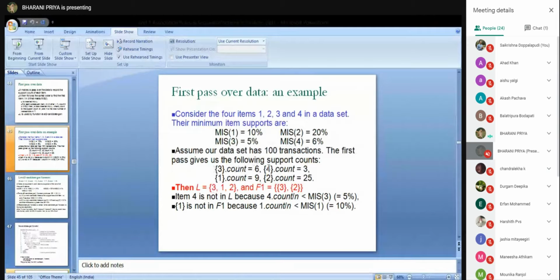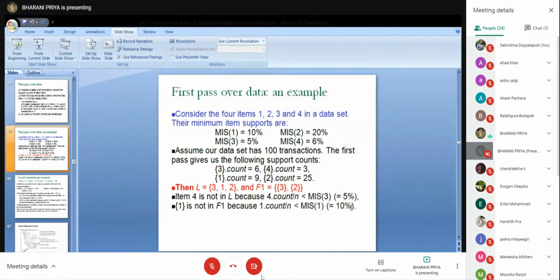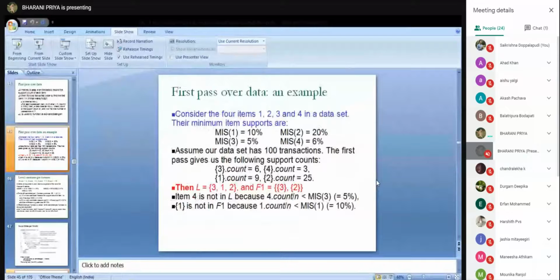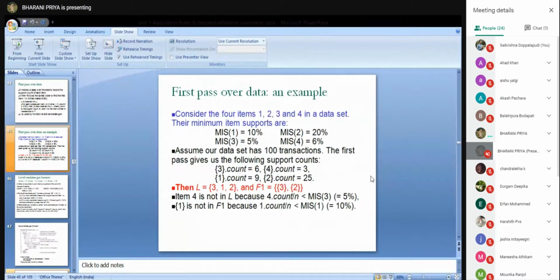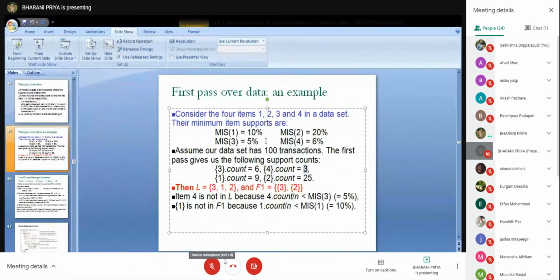Here i is 3 and j is 4. Since there is nothing previous to it, 3 will be included in L. Next, when we come to 4, 4 becomes j and 3 becomes i. 4's support count should be greater than the MIS value of 3, but here 4's support count is less than the MIS value of 3. So we have not included 4 in L. Have you understood? Here j's count is 3. The previous value i is 3, and what is the MIS value of 3? 5%. The MIS value is greater, but according to our rule j's count should be greater, and here j's count is less, 3 and 5. That's why we have not included 4 in L.